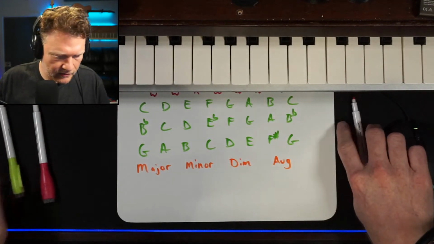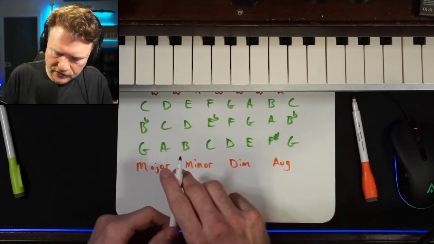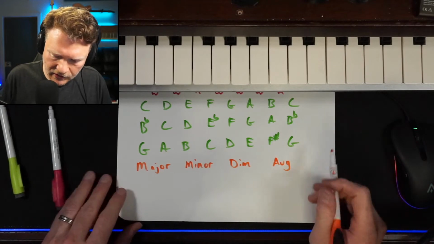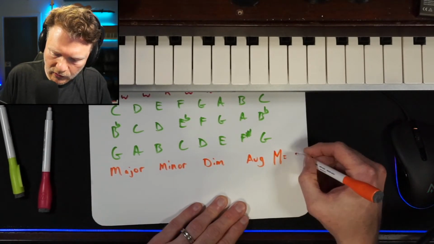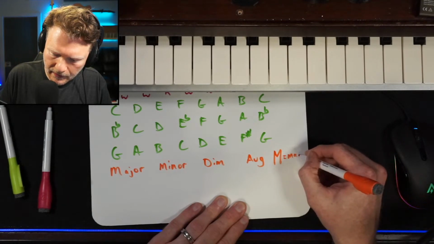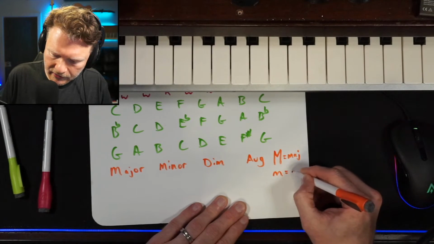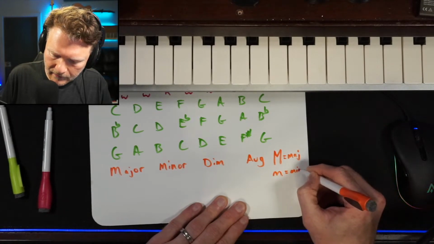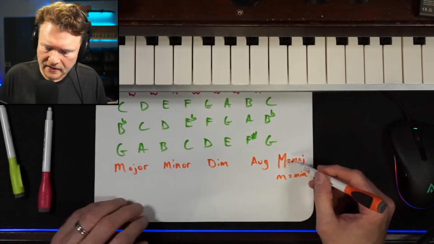Let's write it out here on the side somewhere. We're gonna use here's our little key over here. A big M is gonna equal a major, and a little m is going to equal minor. Hopefully that makes sense. So a major third is 2 whole steps.